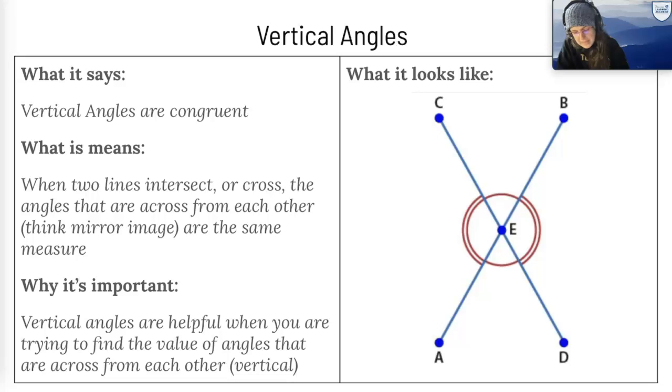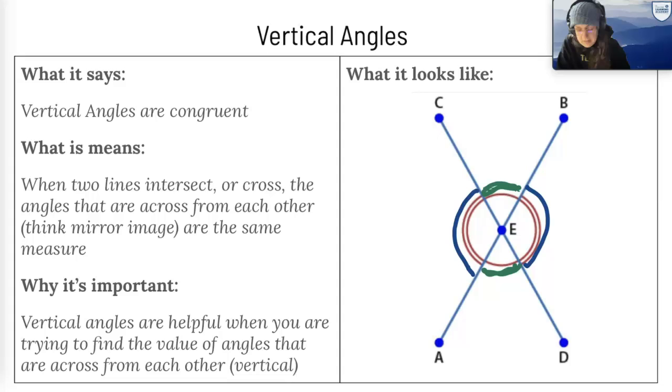That means the angles across from each other are congruent. What's congruent? Same size, same shape. And the other angles that are also across from each other are also the same size and the same shape.